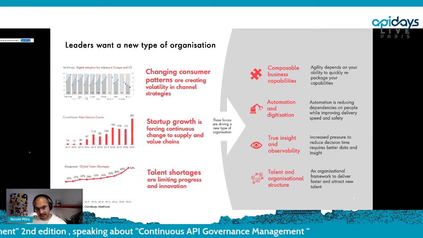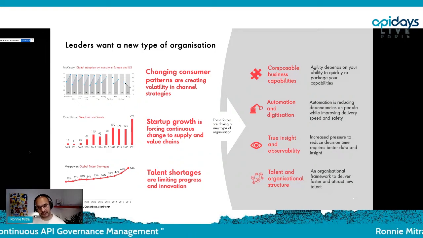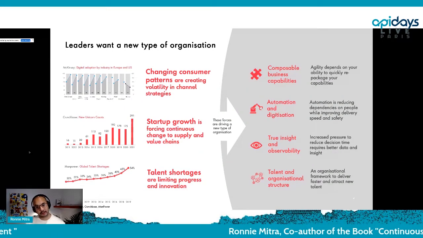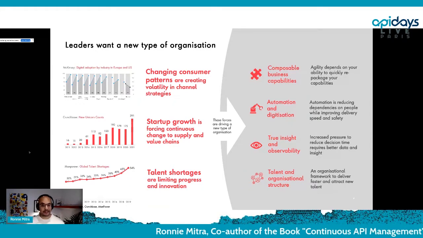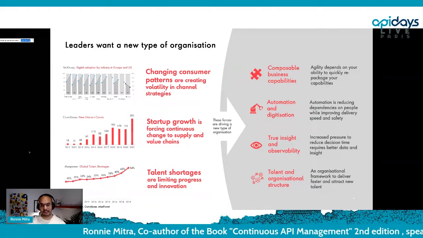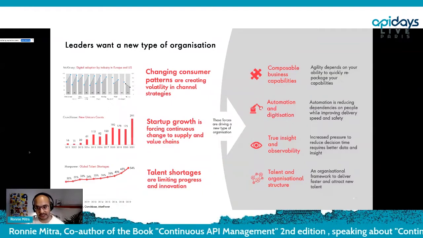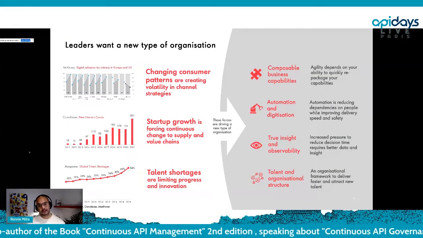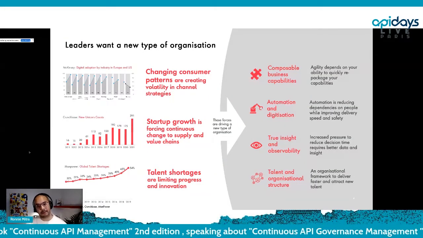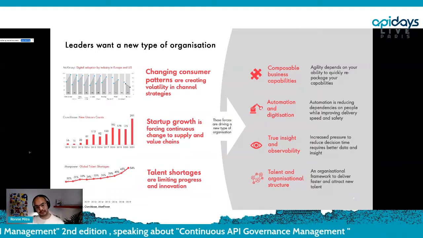And with all of the volatility and the need to move fast, this pressure to make better decisions faster is increasing. And what most leaders are recognizing is that to make better, faster decisions, they need better data and faster feedback. So we're seeing real pressure to become a company that has great insight and great observability.